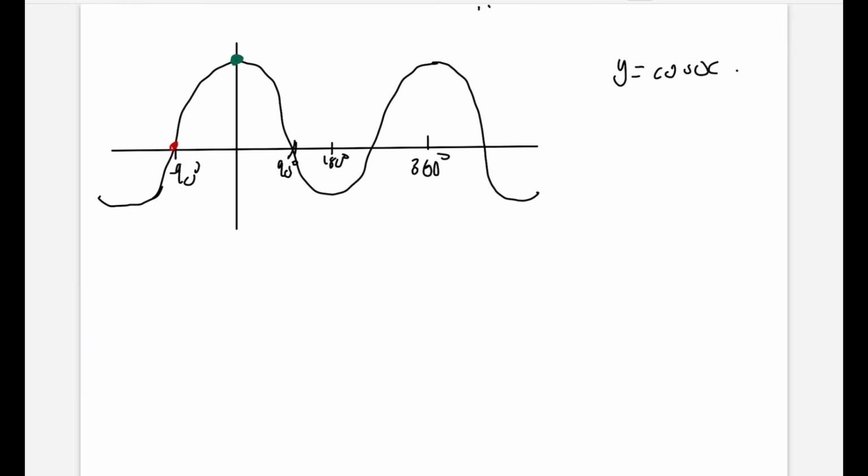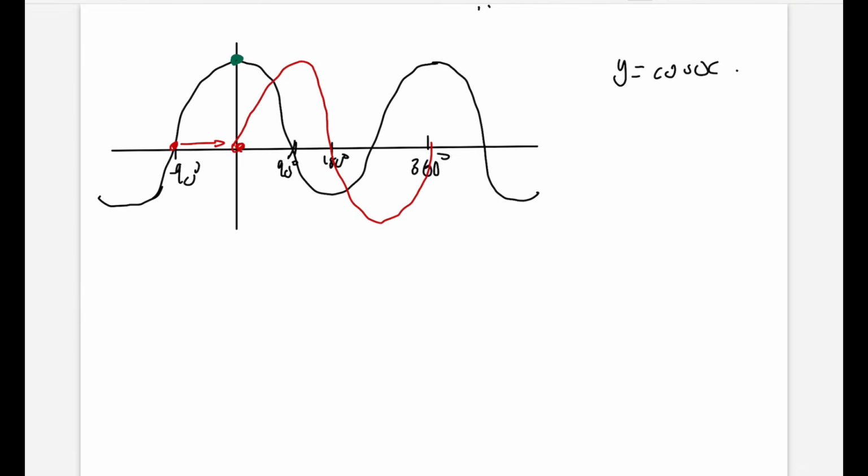This point here would move to come here. And this graph would now look like the following. Highest point at 90, cuts at 180, lowest at 270, completes at 360. So that is a sine graph. So shifting a cos graph 90 degrees to the right actually ends up in a sine graph.